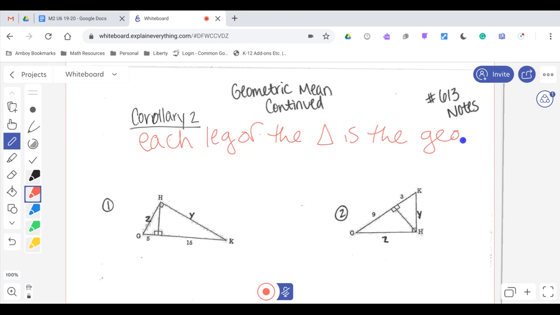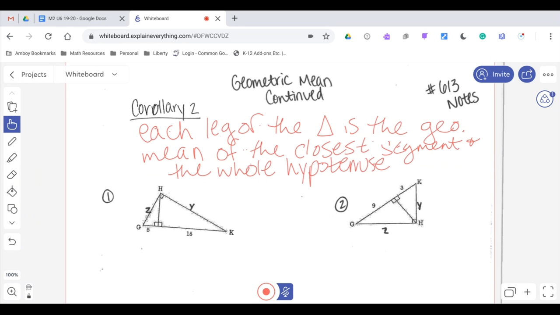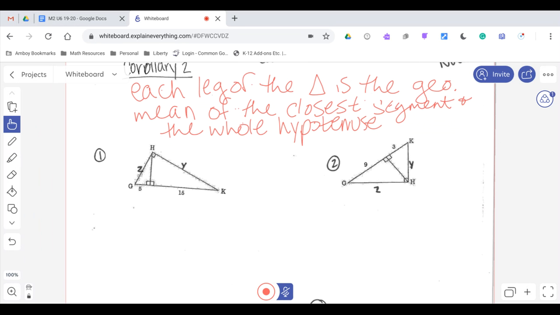I'm just going to call it the geo mean of the closest or adjacent segment and the whole length of the hypotenuse. Okay, so let's dive into doing some examples and maybe it'll make more sense.